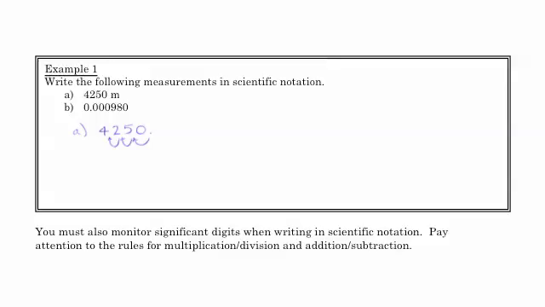So after we move the 3 spots, this number becomes 4.250 times 10 to the 3 meters. You'll notice that by moving the decimal place, we haven't affected the number of significant figures, and we shouldn't. Just because we write it in scientific notation, significant figures stay the same.